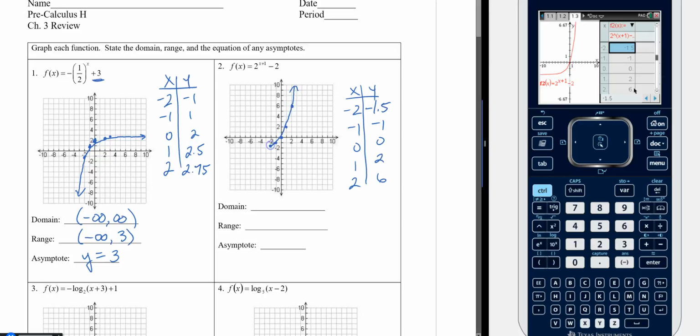And as we come down, again, we talk about the horizontal asymptote. We're shifted down 2 units, so we're going to have a horizontal asymptote at -2. So our graph should look like that.